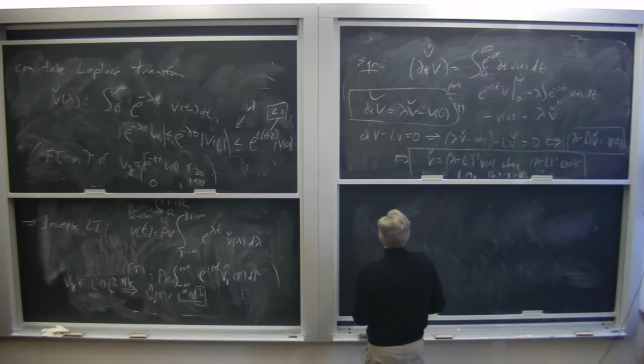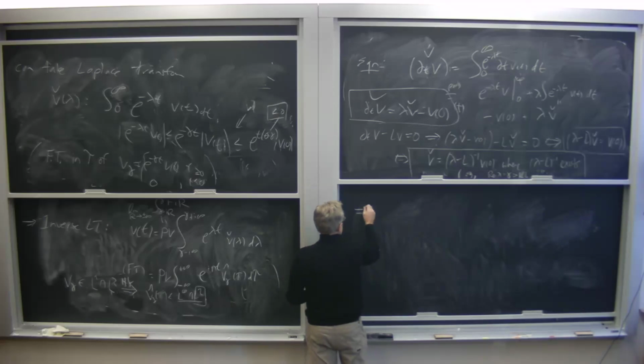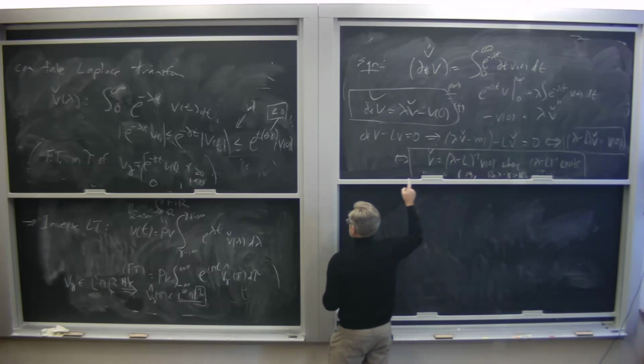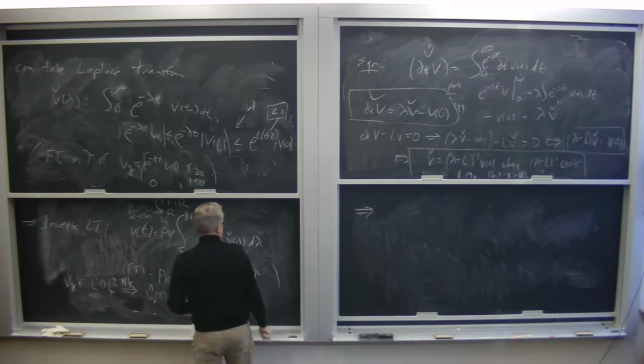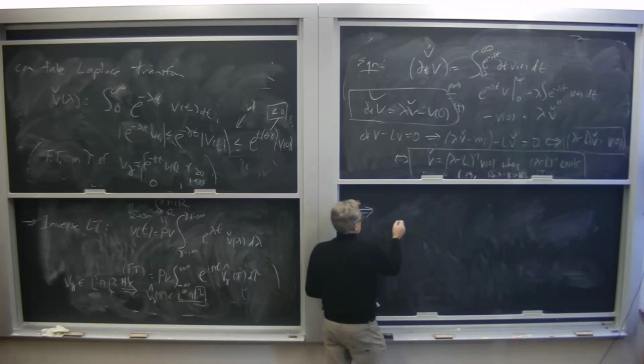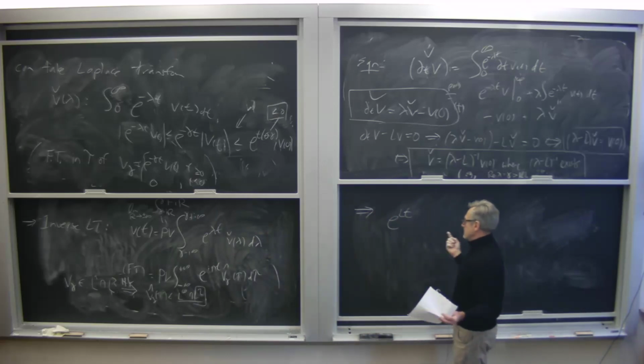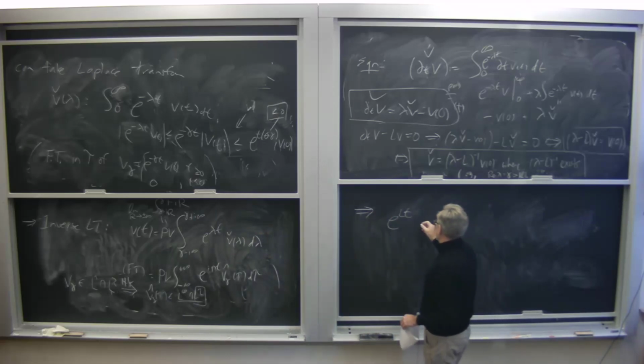Okay, and so that will give us, combining this with the inverse Laplace transform, we get, okay, now I'm going to write the solution operator as e to the L t. We know that exists.